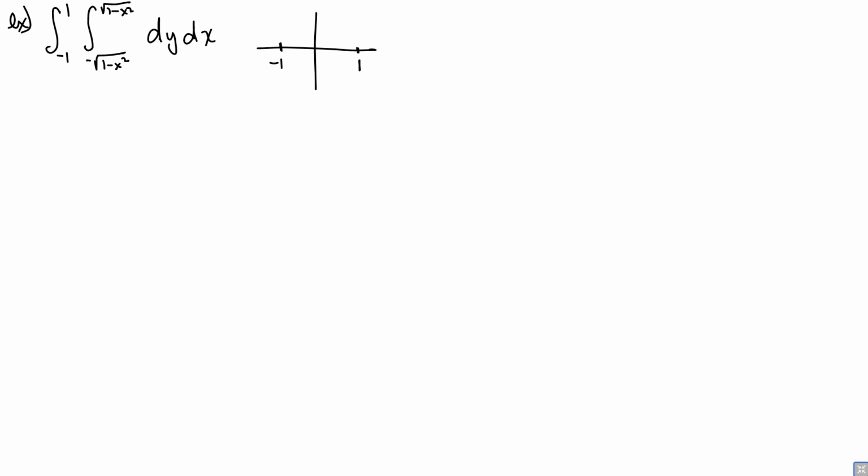Okay, and since it's negative, what it's going to end up doing is being the bottom half of the circle. And then y equals the square root of 1 minus x squared is going to represent the top half of our circle. So basically what we're looking at here is dealing with a circle.